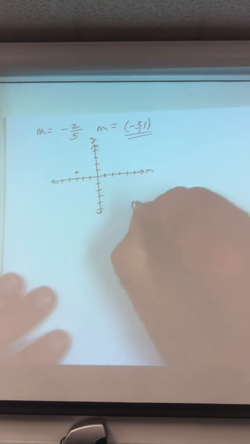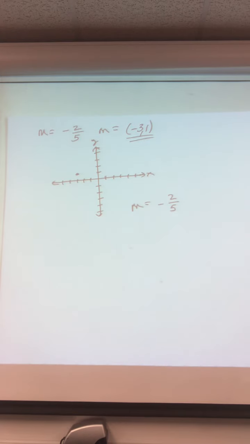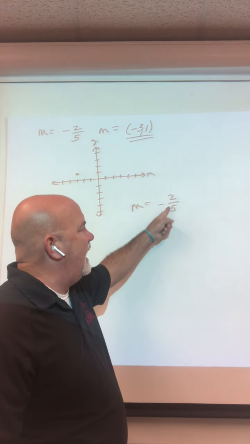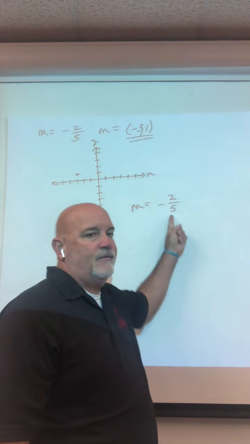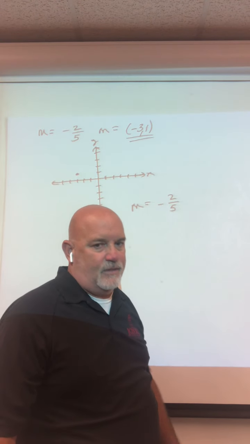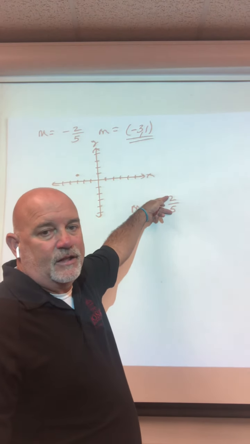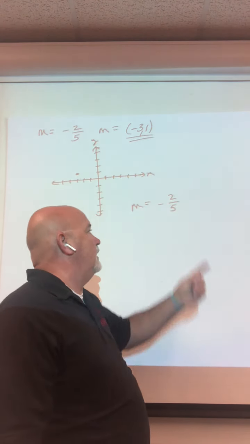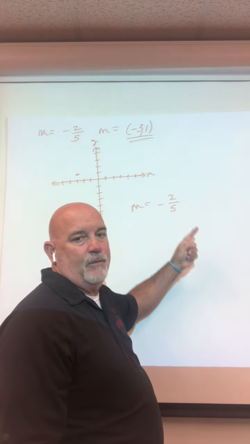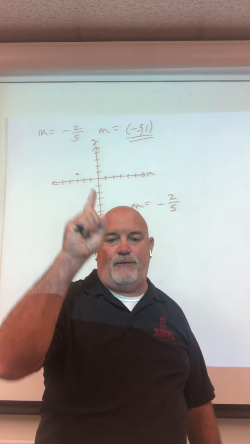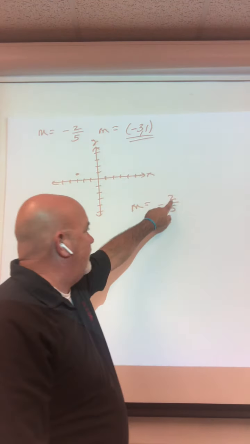Now, slope. Slope is negative 2/5. First of all, remember this. Anytime a fraction is negative, the negative does not apply to both of your numbers. Here is why. If you apply the negative to both numbers, what is a negative over a negative? It's a positive. Then that means the fraction is not negative anymore. So this negative does not apply to both of these numbers. What I typically do is I always apply the negative to the top number, never to the bottom. That's why I say my rise is positive if it goes up, but it's negative if it goes down.